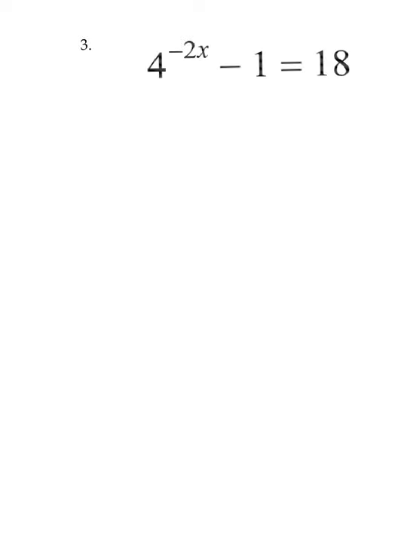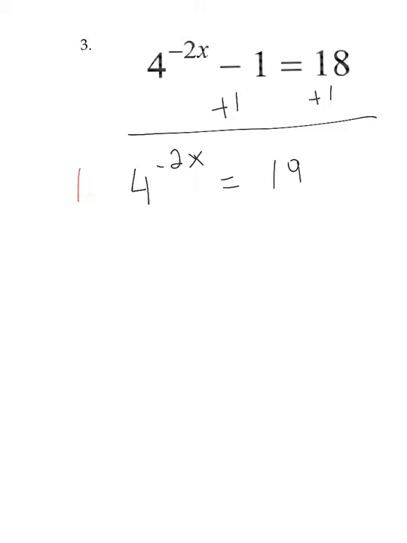Number 3. First step: plus 1, plus 1. So you get 4 raised to the negative 2x power is equal to 19. Now I will take log of both sides.